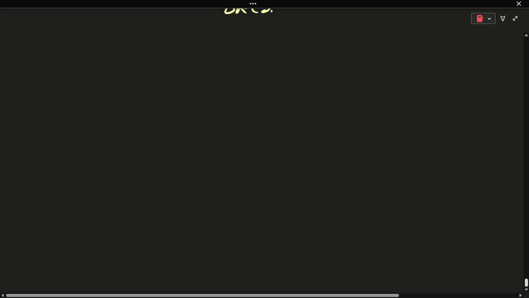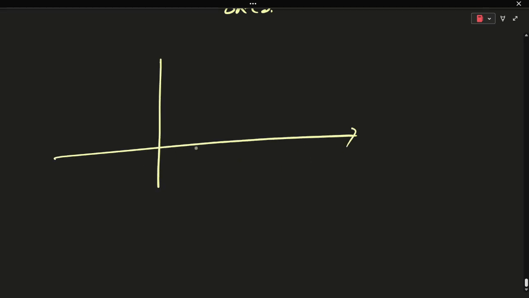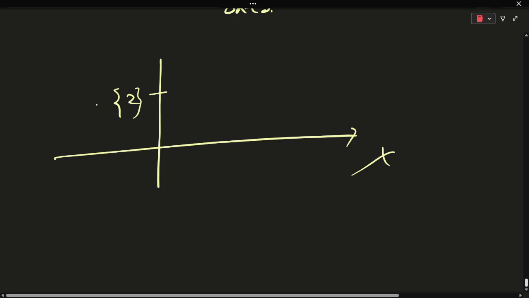Okay, if you take this x and these two elements, a singleton set, then any horizontal line passes through this.